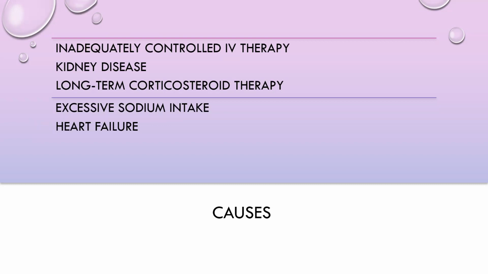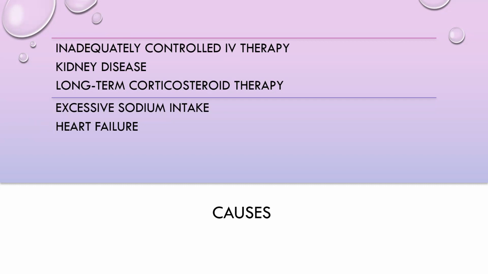And causes of hypotonic overhydration would be early kidney disease, heart failure, syndrome of inappropriate antidiuretic hormone secretion, inadequately controlled IV therapy, replacement of isotonic fluid loss with hypotonic fluids, and irrigation of wounds and body cavities with hypotonic fluids.